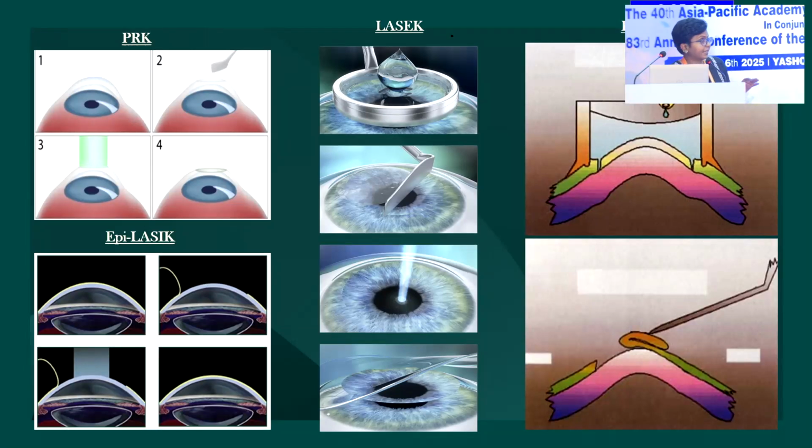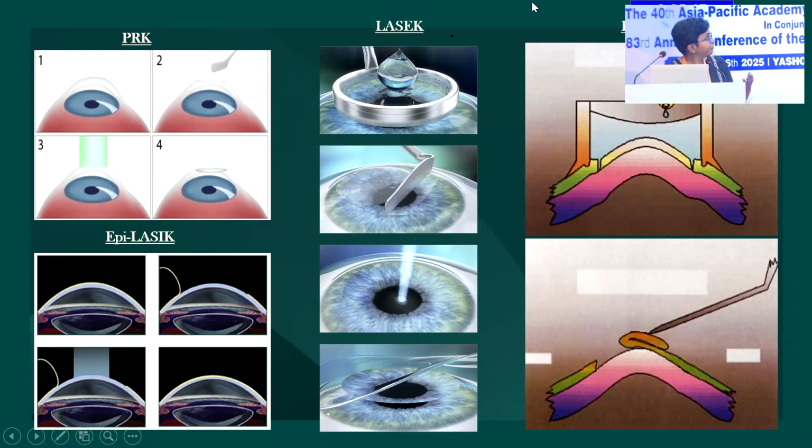So in PRK, as I said, the idea is simple here. We can see it here. Remove the epithelium and apply the laser. But when you are removing it mechanically, you are creating nicks in the Bowman's membrane. And then when you remove it, you're not going to get a smooth interface here. So what we decided to do, we started using this alcohol well. That will loosen the epithelium, and now we can remove the epithelium.